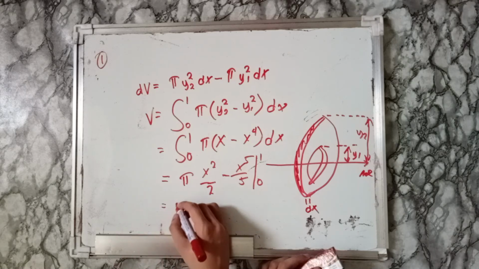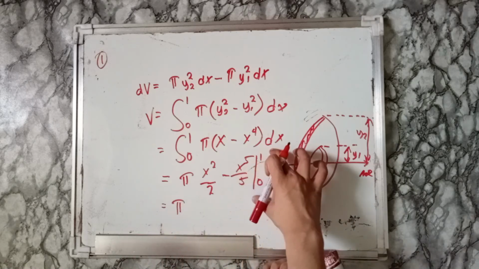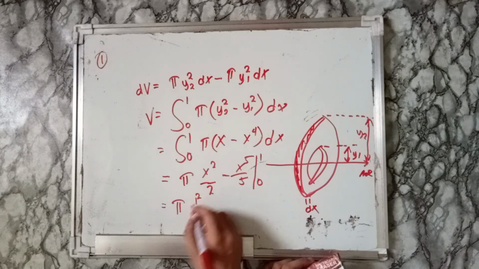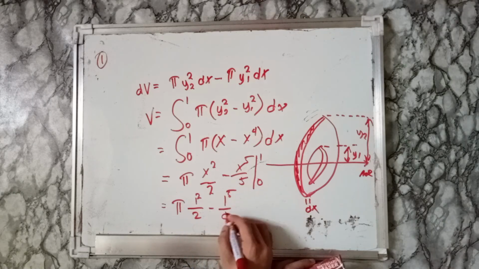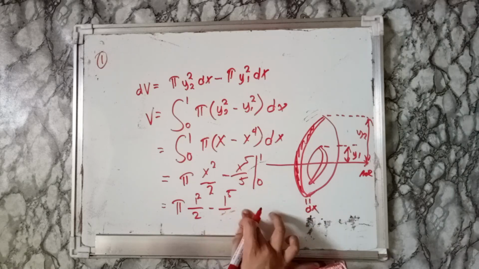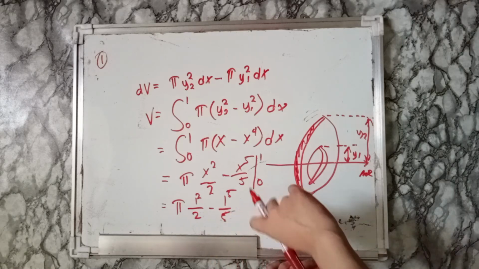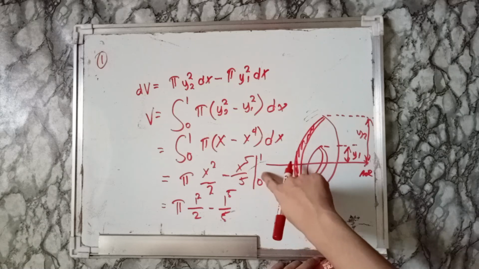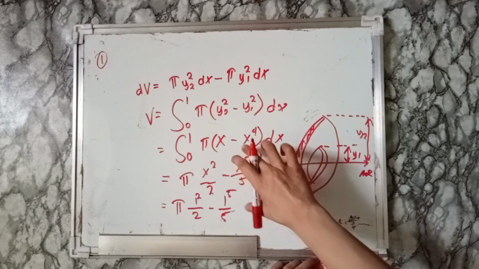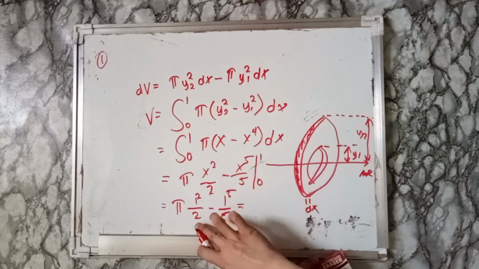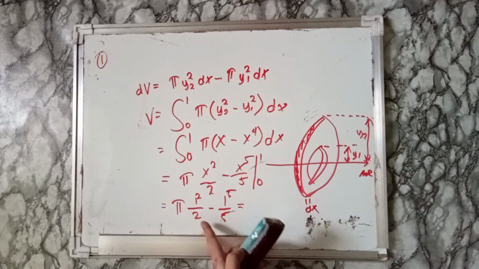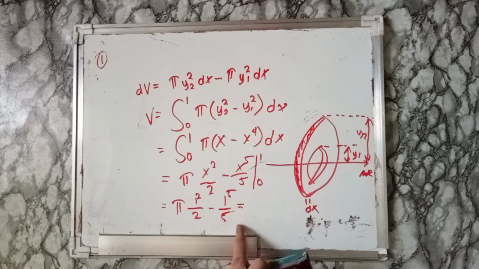So this is actually pi. If we distribute the limits, we have 1 squared over 2 minus 1 raised to 5 over 5. And if we distribute the 0 to our equation, it will just be 0. So this is actually 1 half minus 1/5.